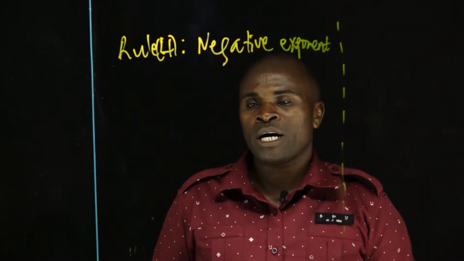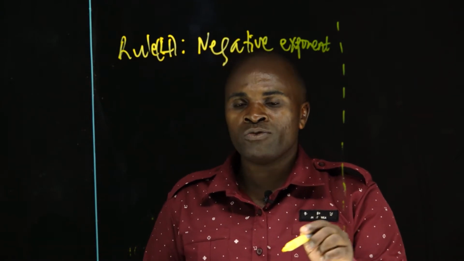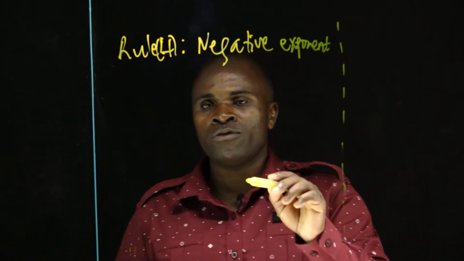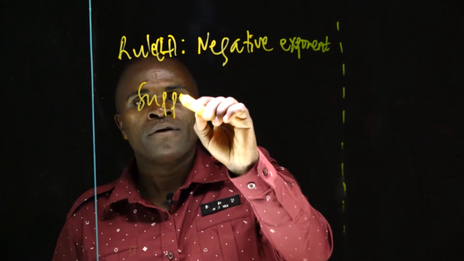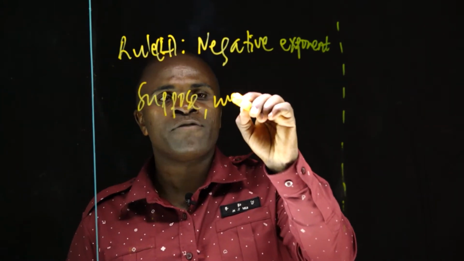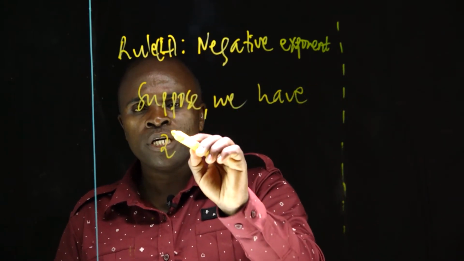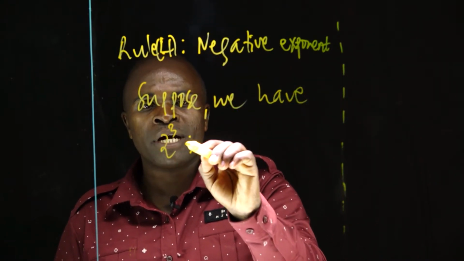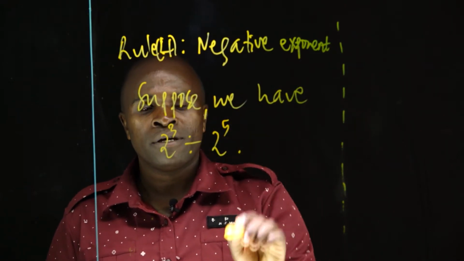It is for sure that we can just deduce this from the rule here. Suppose we have 2 exponent 3 divided by 2 exponent 5, let's say.